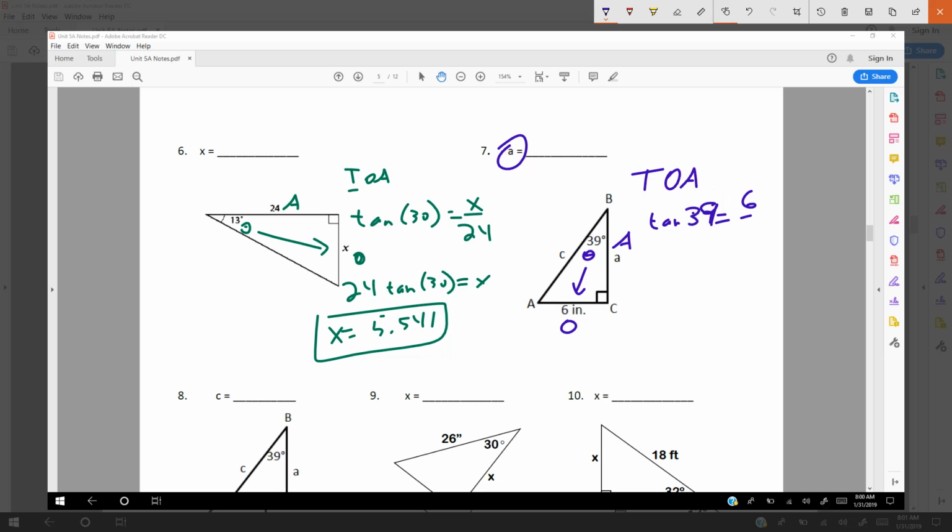So 6 over A. Okay, remember, I have a variable in the denominator, so I can just switch them. A equals 6 over tangent of 39. Stick that in your calculator, 6 divided by the tangent of 39, close the parentheses, you get A equals 11.114.